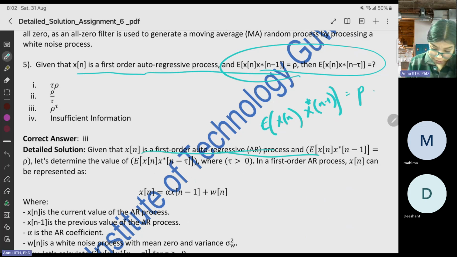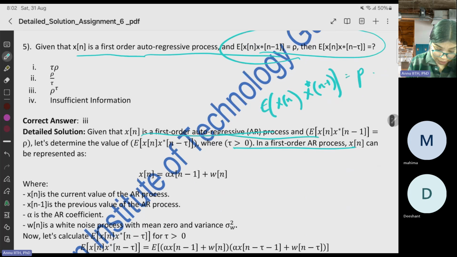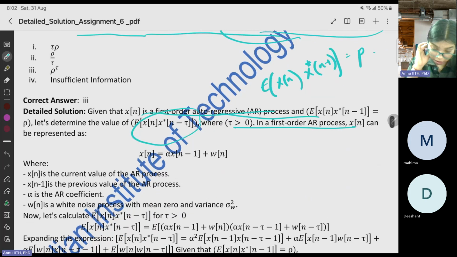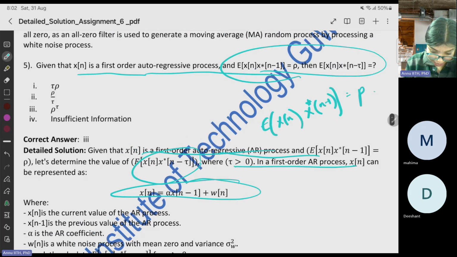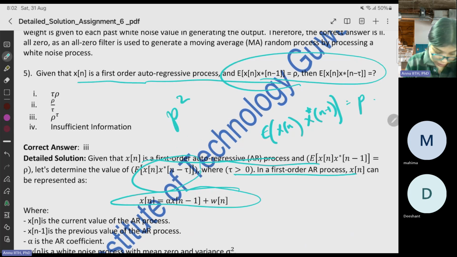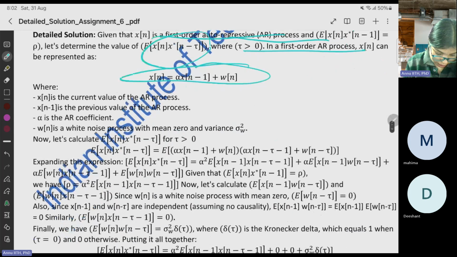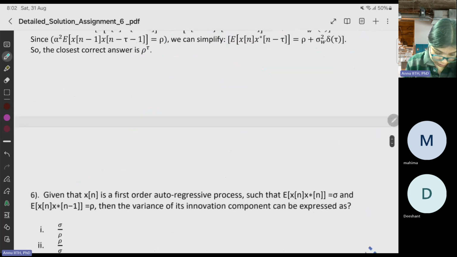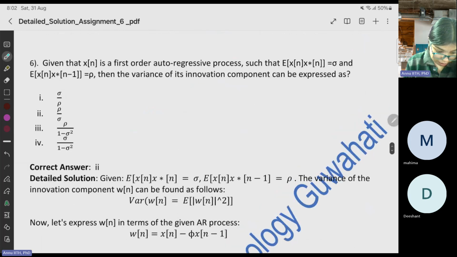Nobody's responding. So this is the autocorrelation. The first order AR process is represented as x(n) equals alpha x(n minus 1) plus w(n). So in that case, R(tau) is p power tau. The answer is p power tau. The explanation is given here.